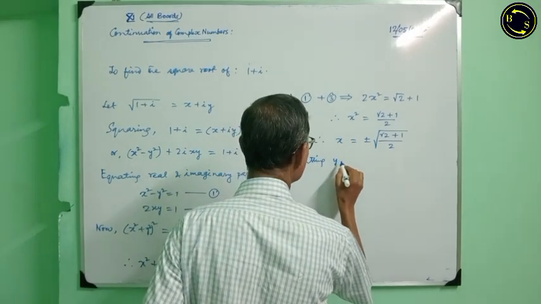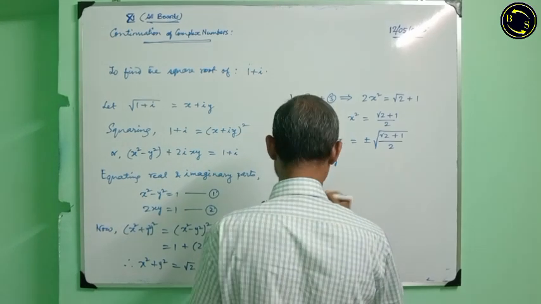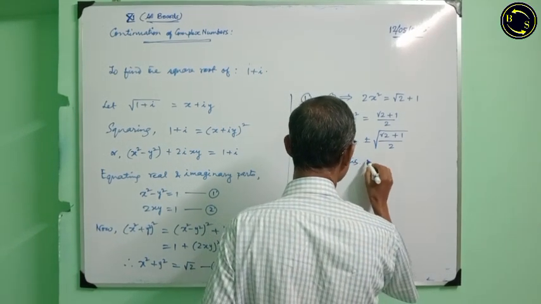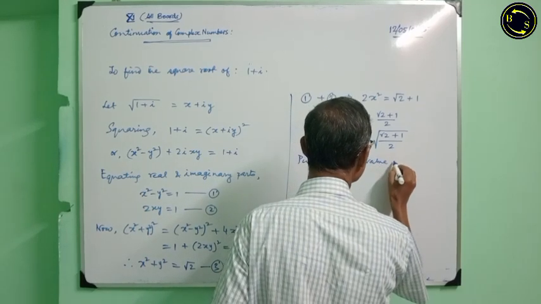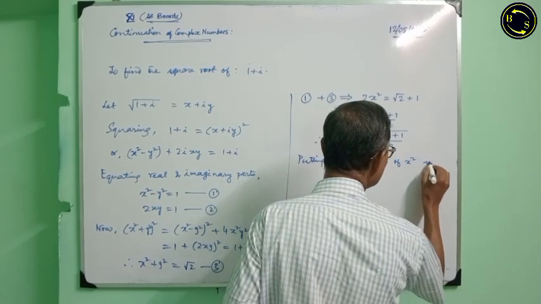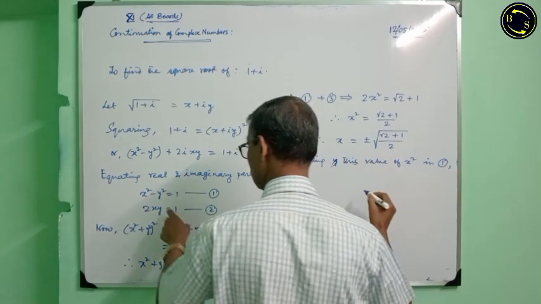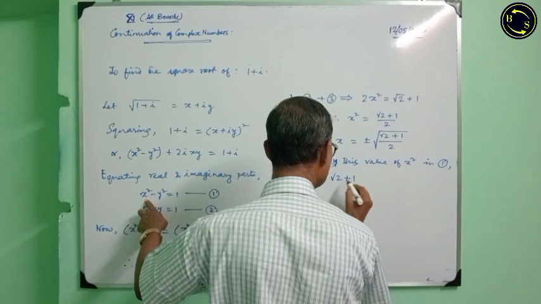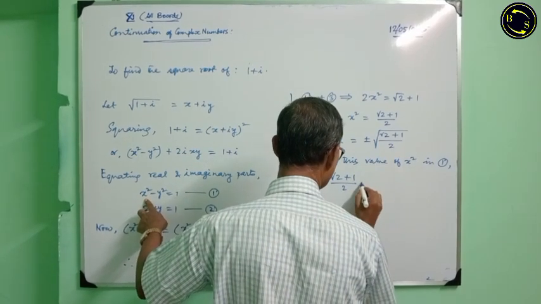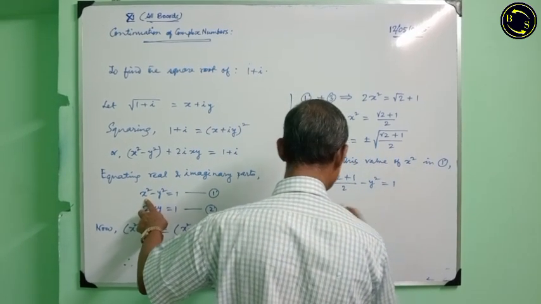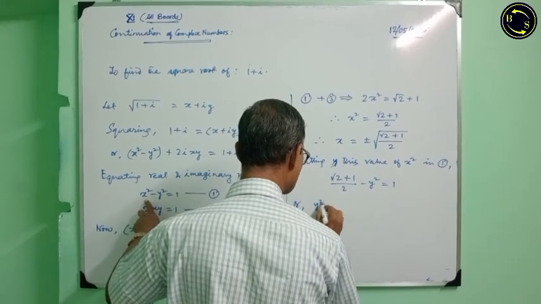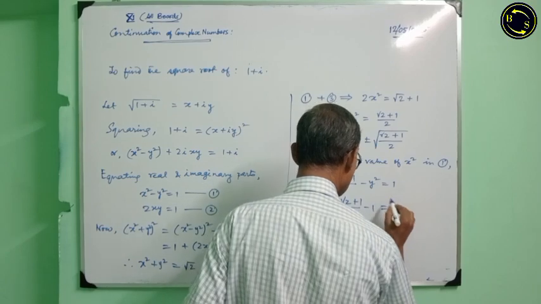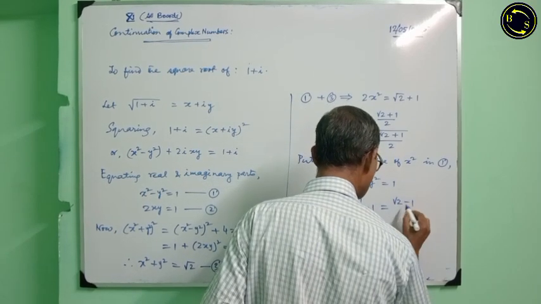Putting this value of x square in 1, (root 2 plus 1) by 2 minus y square equal to 1, or y square equal to (root 2 plus 1) by 2 minus 1, that is (root 2 minus 1) by 2.